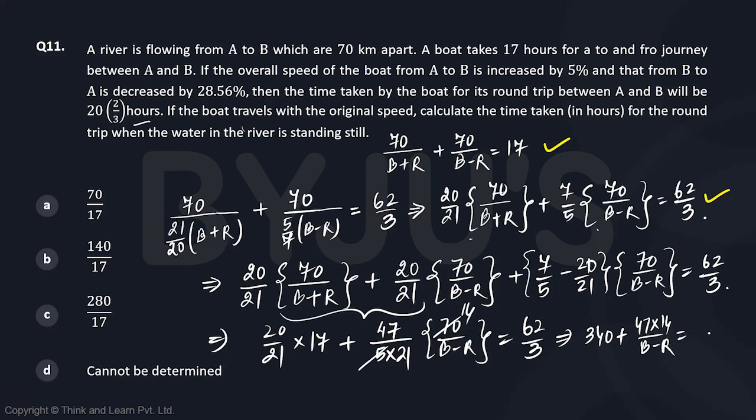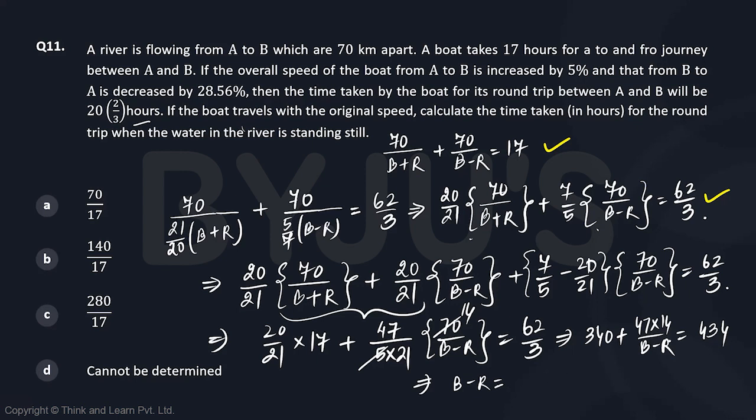And the right-hand side is going to be 62 into 7, because 3 is already present. So we have taken the LCM as 21. So 62 into 7, this is 434. So if we solve this, we will have B minus R.